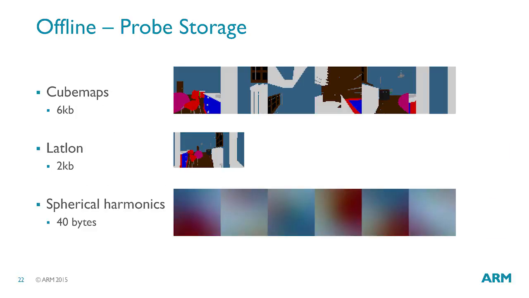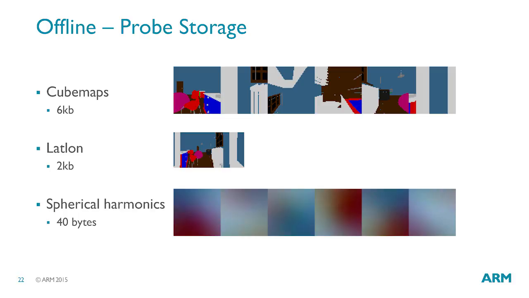So there's a more visual representation of the actual data that is stored. You have the cube maps, latitude-longitude maps, and spherical harmonics. You can save a considerable amount of storage by just using spherical harmonics, but by only using that, you don't get any of the benefit of reflections.